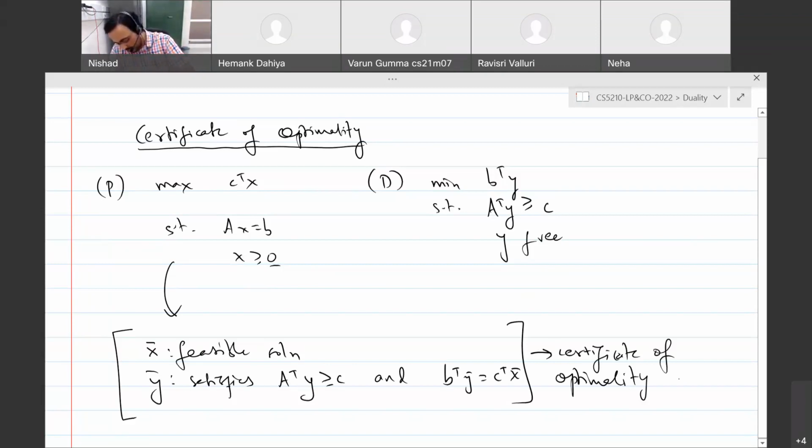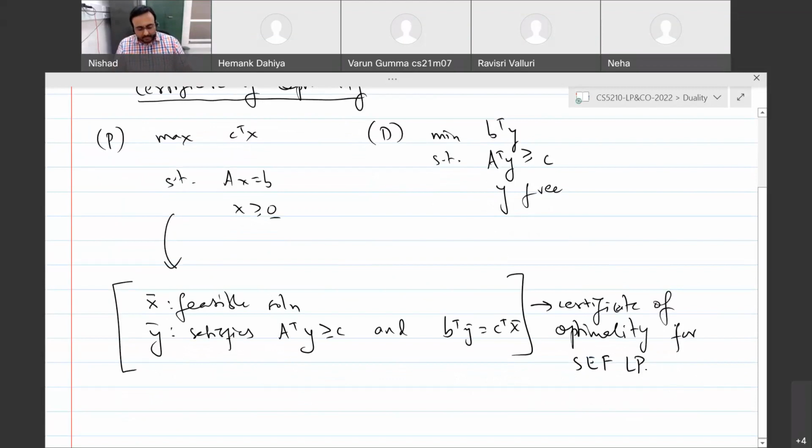So it's better to just see it through the lens of duality for a standard equality form LP. So certificate of optimality is extremely closely tied with duality.